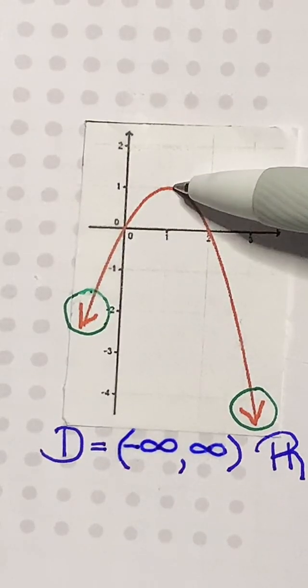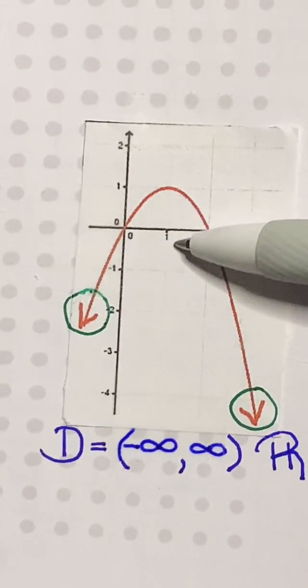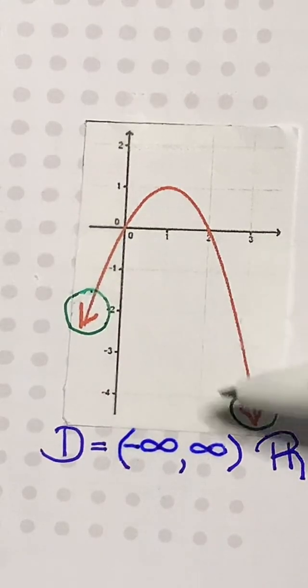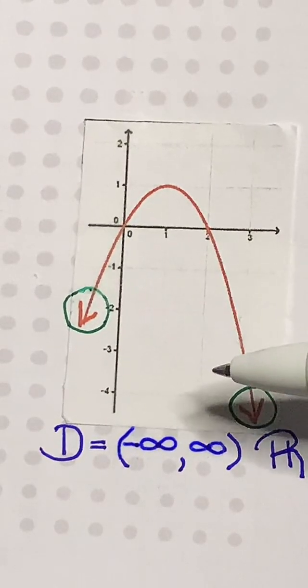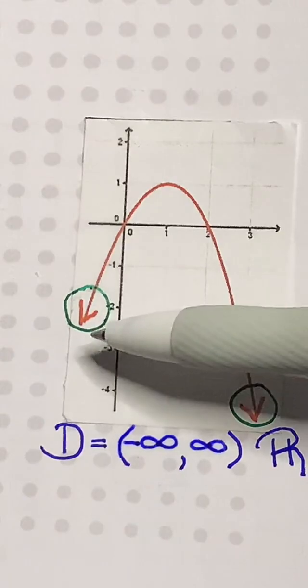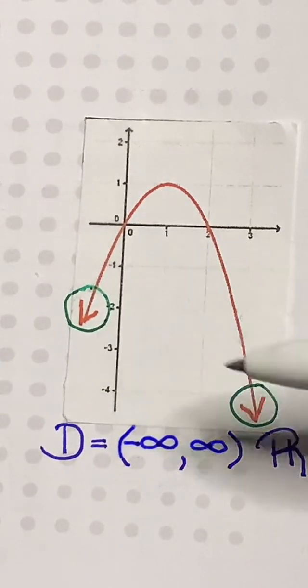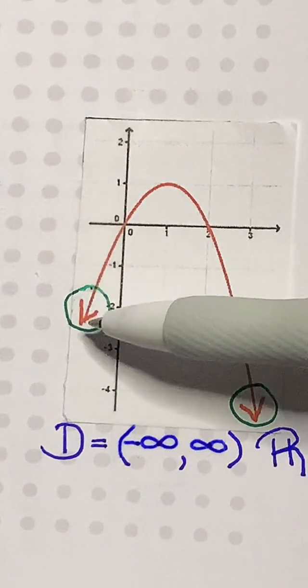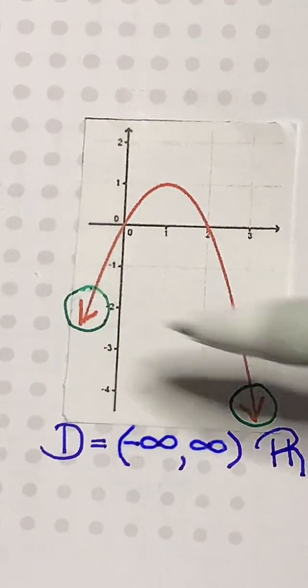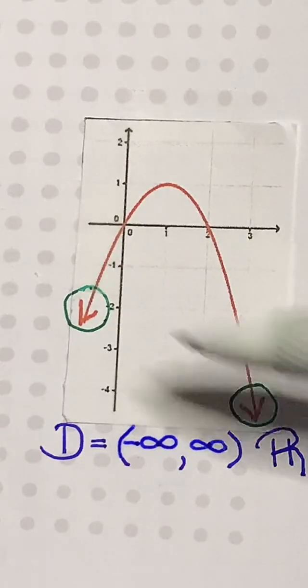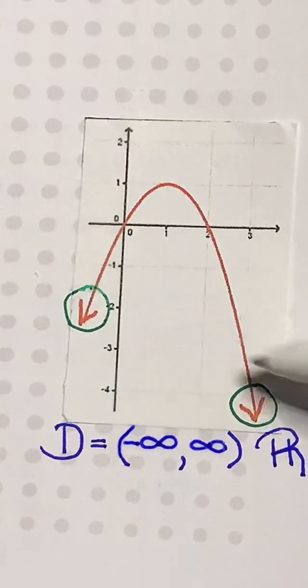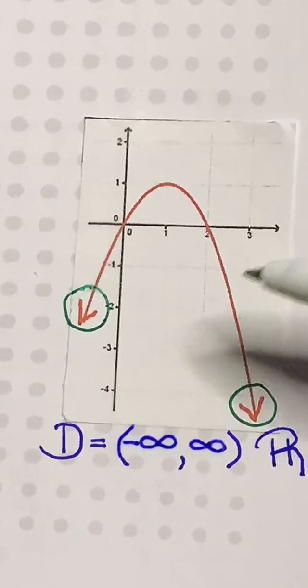So I'm going from 1, but I'm going all the way down. And since I have arrowheads, and here's the thing, I know someone's going to ask me, what happens if there's 1 arrowhead? That's not possible. There's going to be 2, unless there is some kind of stop. Like if this was a circle and then this was an arrowhead, yeah, you won't see that. You always see 2 arrowheads, especially at this level.